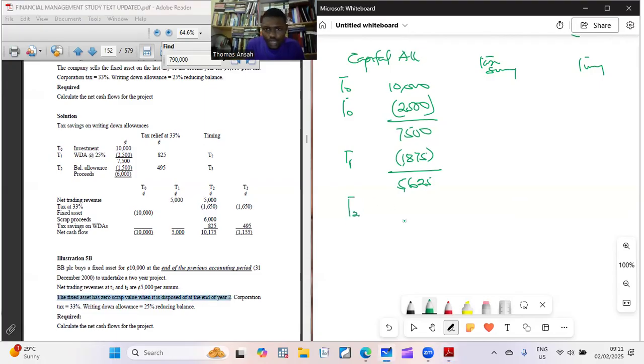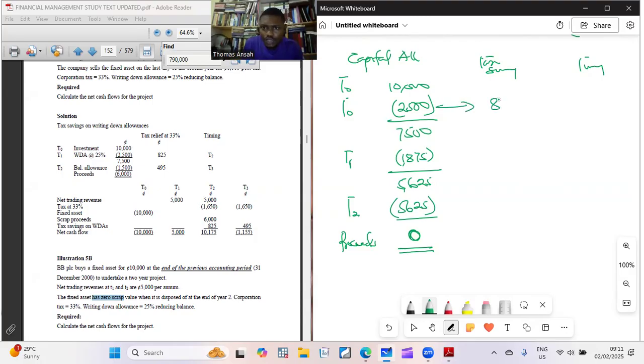So in T2, the asset was disposed, but it means we weren't given any value. So that means that the value is 0. Take note of that. That is the proceeds. 0 proceeds. If we're not given any, that is a 0 scrap. So here too will be 5625 as my balancing allowance. All right. So you go ahead.